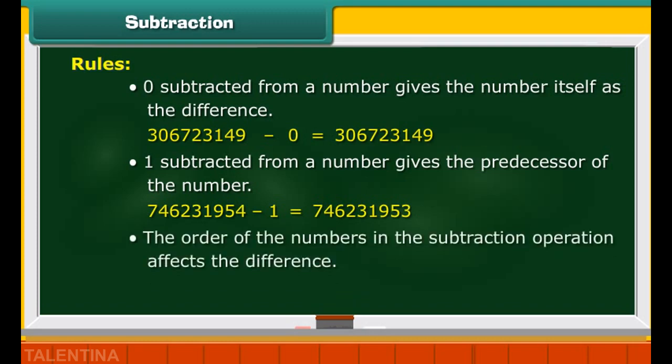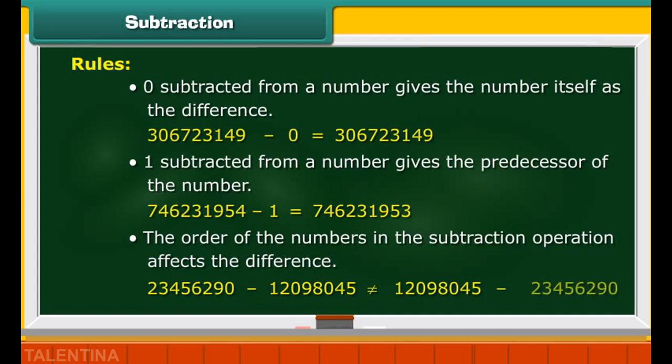The order of the numbers in the subtraction operation affects the difference. 23456290 minus 12098045 is not equal to 12098045 minus 23456290.